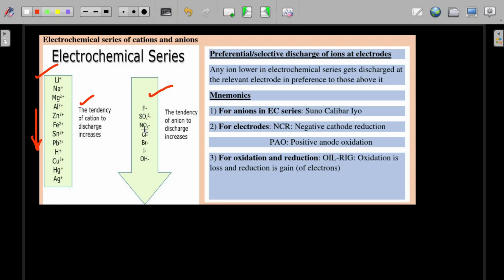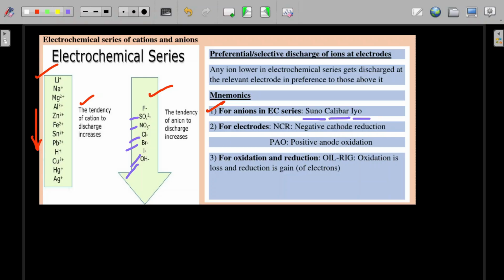Similarly for anions, we have one list here. I gave you here a technique to remember the anions list. For positive ions, whatever electrochemical series you remember, same thing only. But for negative, fluoride will never get discharged, so that is on the top. Then the remaining: S for suno, and for no. Okay, suno, caliber, IO.